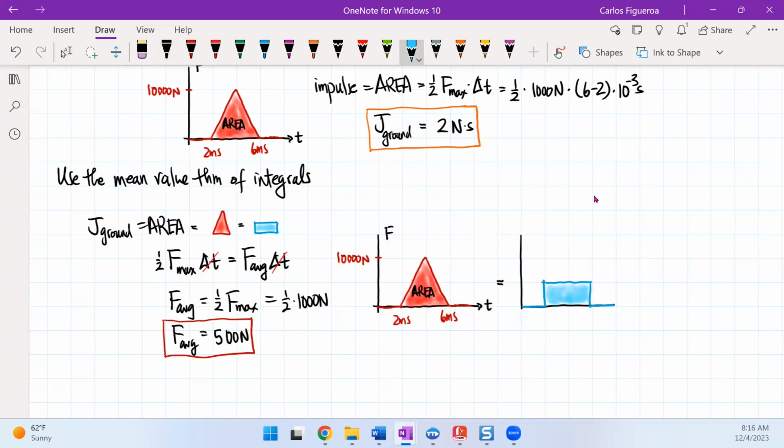And when I have the exact same area, then this guy right here is the average force, which is 500 newtons. So the mean value theorem just allows us to calculate the area slightly differently. Let me make sure I make that milliseconds.